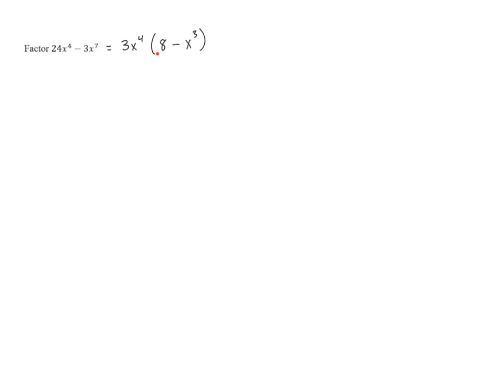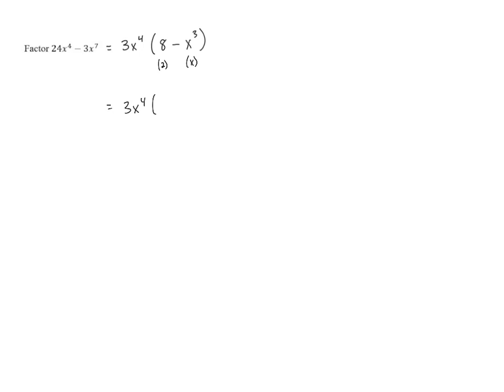And now if we look at the leftovers, this gives us a difference of 2 cubes, because 8 is 2 cubed and x cubed is x cubed. So keeping the greatest common factor out front, 3x to the fourth, we then use the formula to factor a difference of 2 cubes.